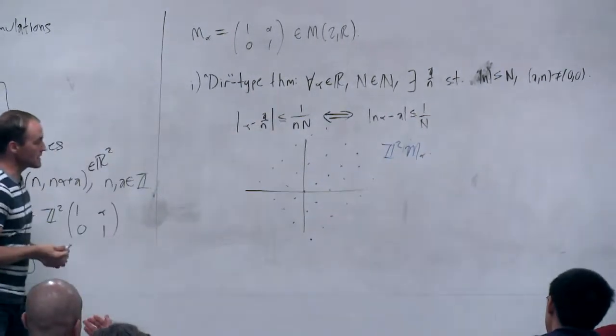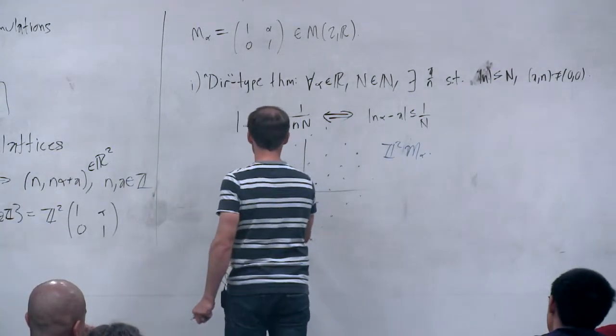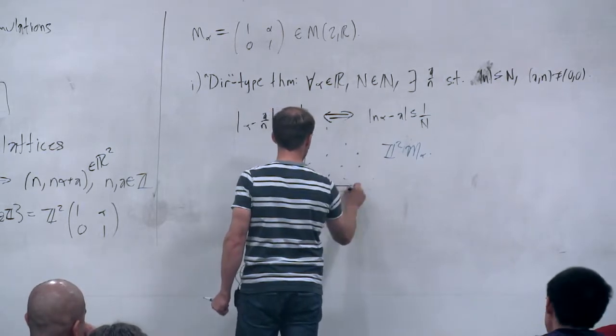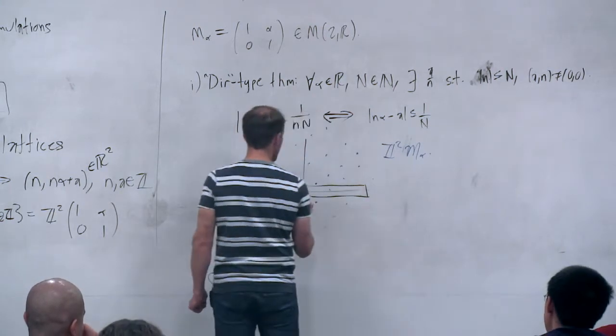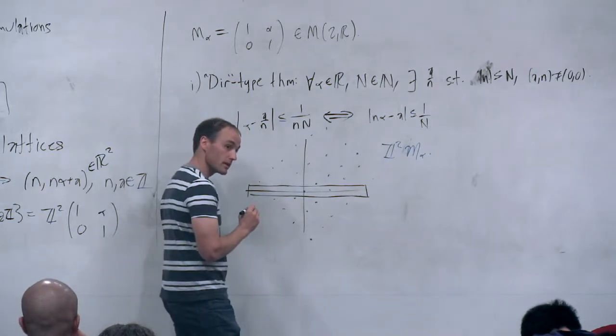And what the theorem is saying, if I reformulate it in terms of my lattice, is that no matter what alpha I've chosen, and no matter what integer capital N I choose, there's always going to be a lattice point in the rectangular box that I've drawn here.